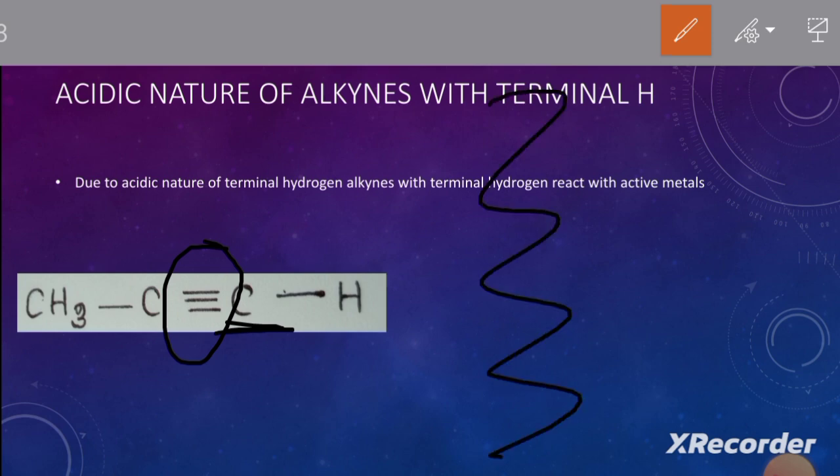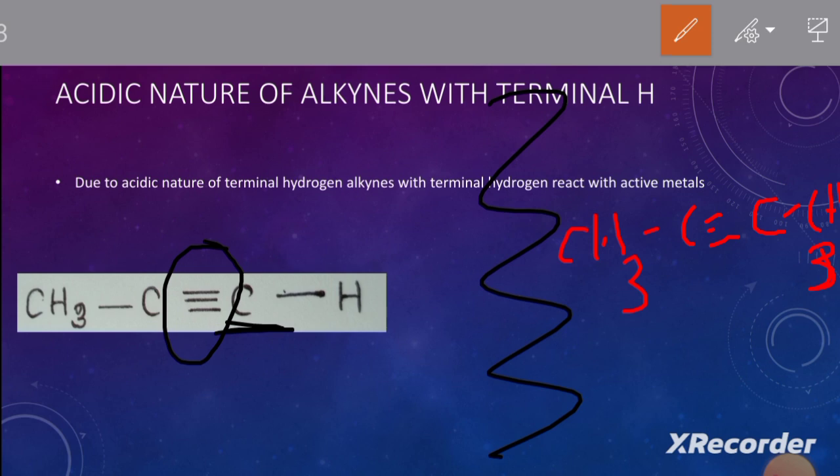And if I take another example, CH3C triple bond C, and to this CH3 is attached like this. These are 2 examples that we should consider.